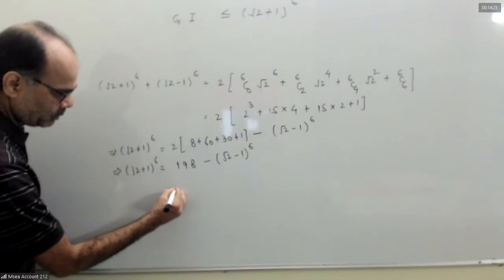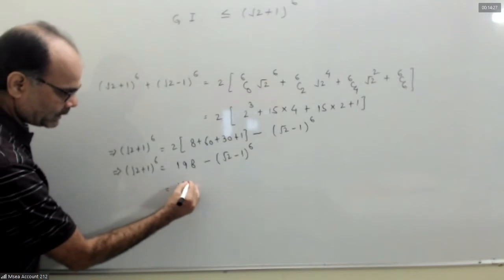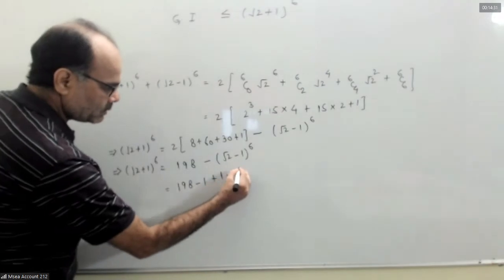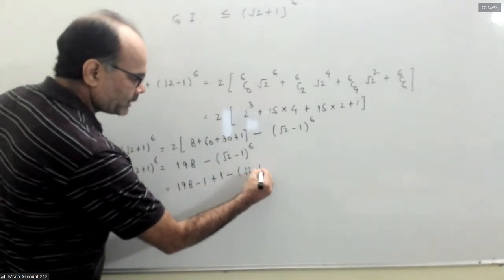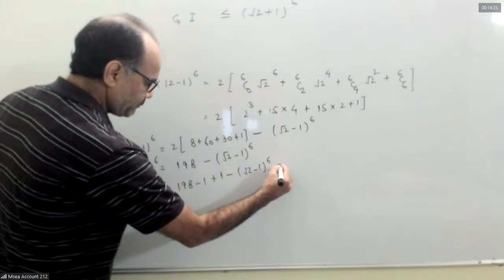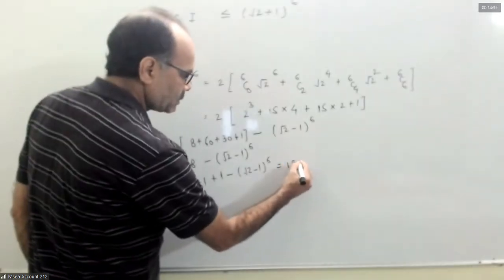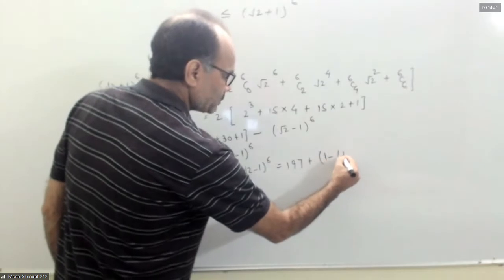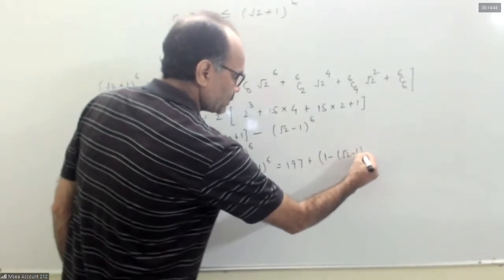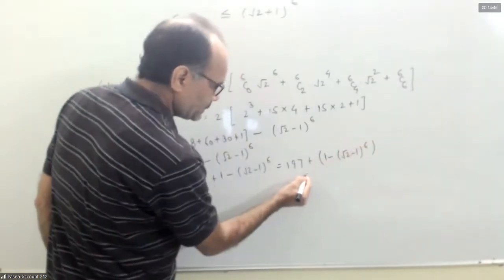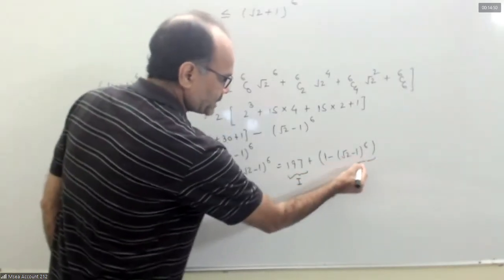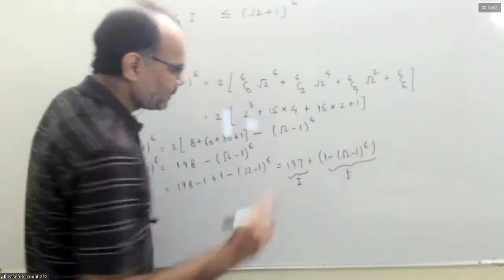So what should we do? 198 minus 1 plus 1 minus root 2 minus 1 to the power 6, that is 197 plus 1 minus root 2 minus 1 to the power 6. This is the integral part. This is the fraction part.